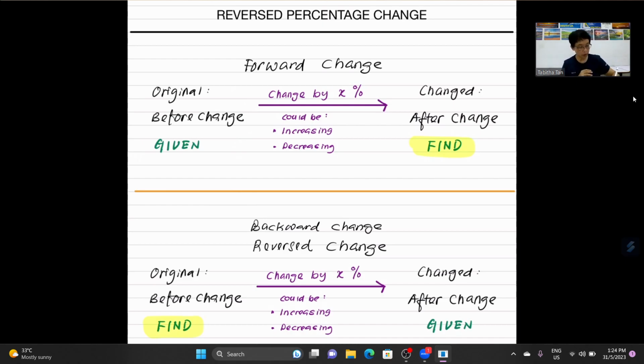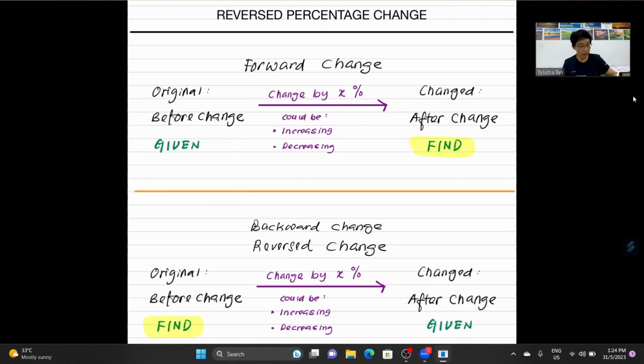It could be increasing or decreasing. The pen might decrease because the shop decided to offer a discount, or the population may increase because people give birth and so on.